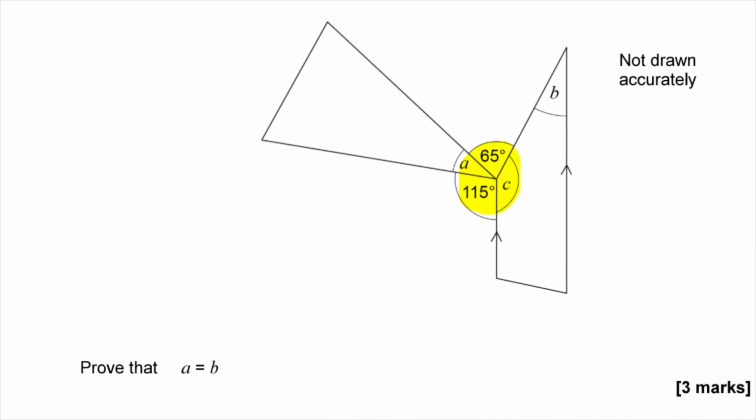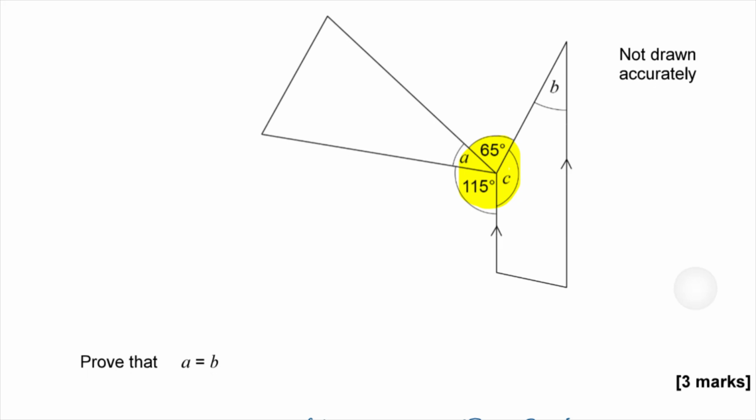Now, what else do we know? We've got C and B, which are angles sitting inside a trapezium. Now notice that these two sides are parallel, this one here and this one here. So C and B are supplementary angles. They sum to 180 degrees.